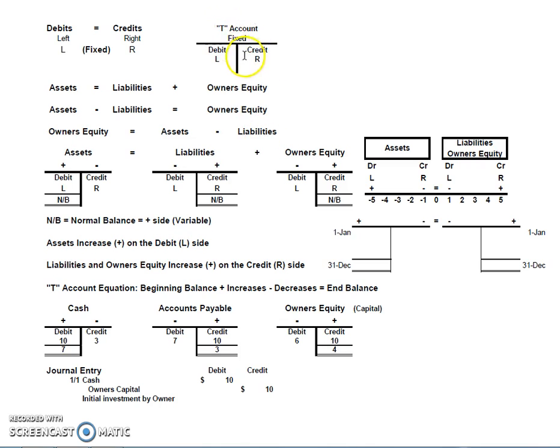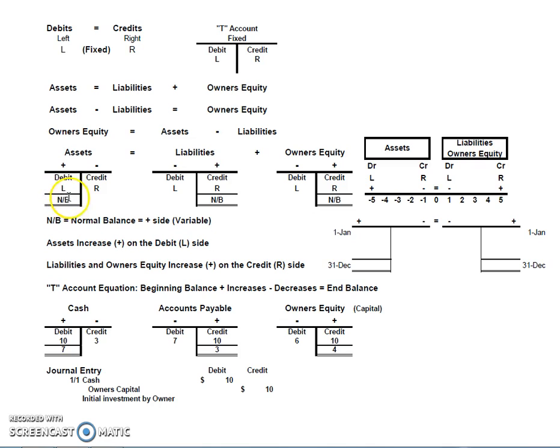In the T account, assets increase on the debit side. That's what we have here. Assets increase on the debit or left side in this equation. The normal balance is the balance of the account. So we would have a beginning balance plus increases to the account minus decreases to the account would equal its normal balance.